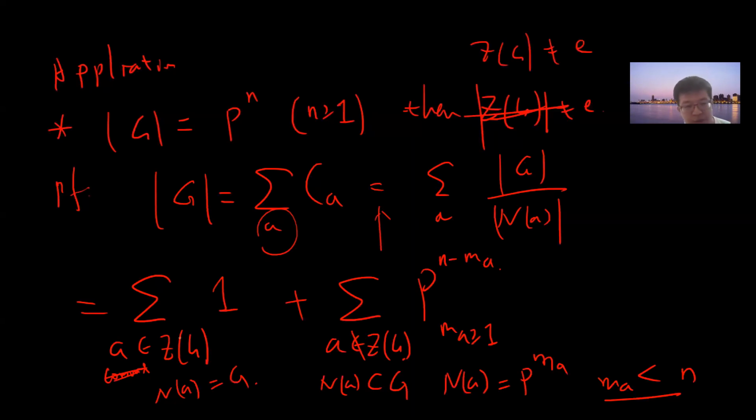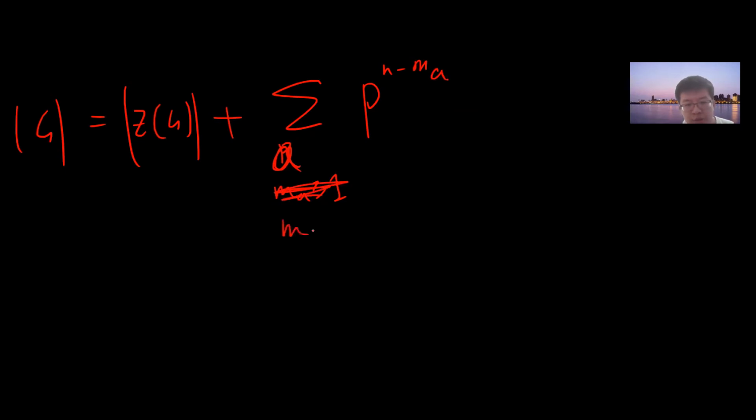The first term is the number of elements in the center, plus the sum over some elements a such that m_a is greater than or equal to 1, of p to the n minus m_a. Sorry, m_a cannot be the same as n, so m_a should be less than n, otherwise a would be in the center.